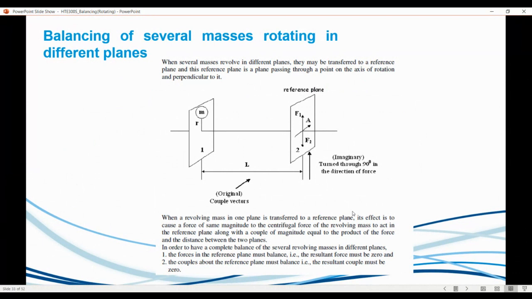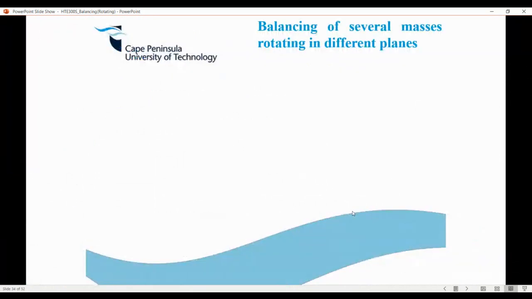And what you're trying to basically do is get two masses to balance this thing. But something important about revolving masses in different planes is that your forces in the reference plane must balance, the resultant must be 0, and the couples about the reference plane must balance, the resultant couple must be 0. So it's important, here's a word, a reference plane coming up. There's a reference plane, so we'll talk about this reference plane.